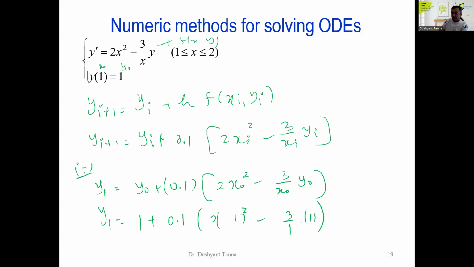So this is 2 minus 3, which is minus 1, times 0.1, so it's minus 0.1. 1 minus 0.1. Therefore, y1 is 0.9. Once I have my y1, hopefully correct, I can proceed to my y2. Just obtain a few, and then you can go for the Excel part.